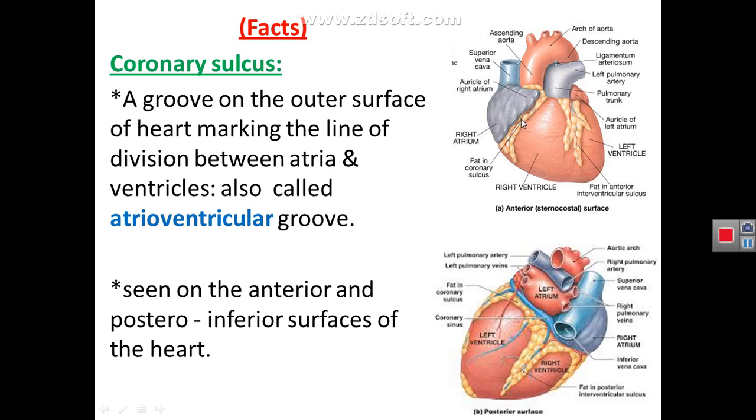For example, here you can see the right anterior coronary sulcus between the right atrium and right ventricle, and this is the left anterior coronary sulcus between the left auricle of left atrium and left ventricle, and posteriorly this is the left posterior coronary sulcus between the left atrium and left ventricle, while that is the right posterior coronary sulcus between the right atrium and the right ventricle.